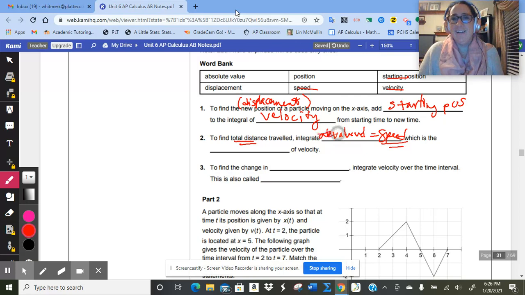Oh, here, it's right there, which is the absolute value of the velocity. And 3, to find the change in the position, we're going to integrate the velocity. That is the displacement. Okay.